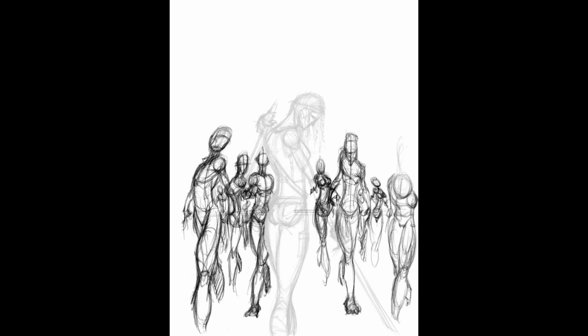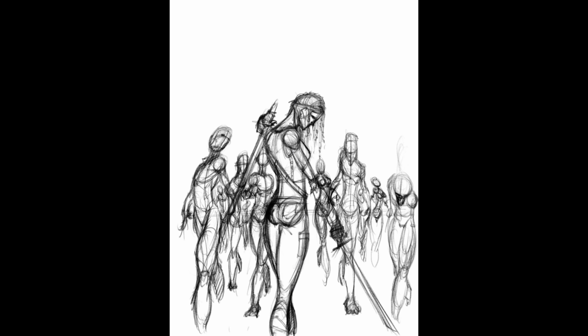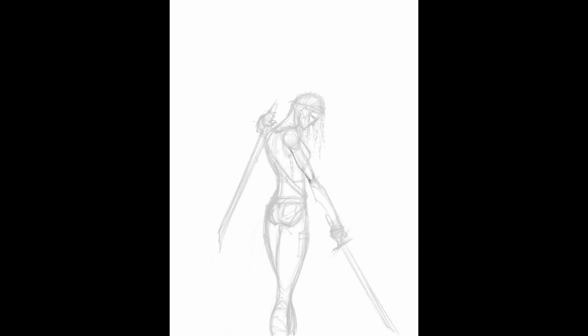Now, it changes if the camera is at shoulder level. So, if the camera is at shoulder level, then every character in the scene has to have their shoulders sort of on that same horizon line. And it's the same thing if the camera is lower, like you're at knee level. Then you're going to want all the characters at that same level as well.